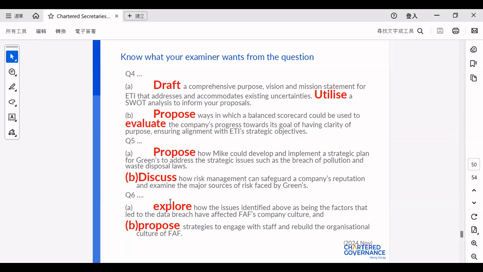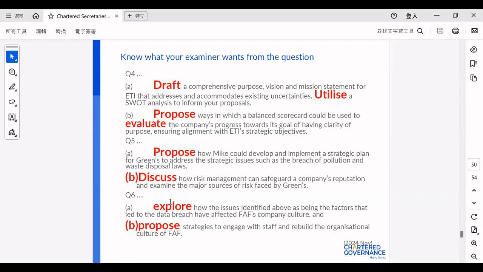Fourthly, this question asks you to draft a mission statement, that's quite easy, and utilize the analysis to inform your proposal. So what the examiner expects is to draft a new or original statement that reflects strategic clarity.